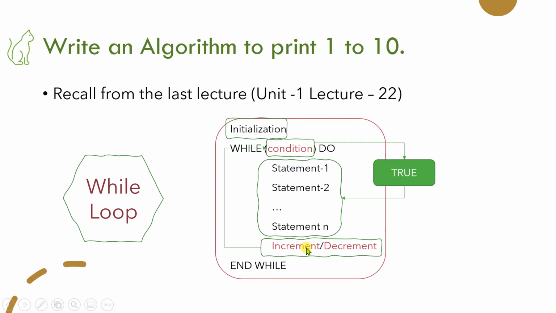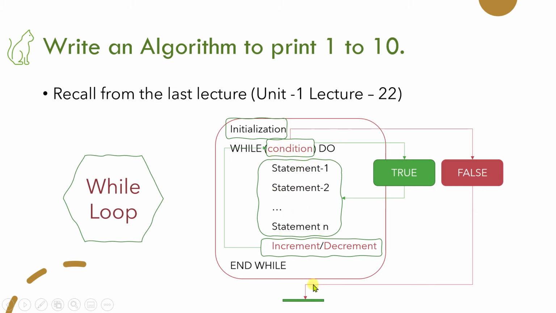Finally, when the condition becomes false, the control comes out of this loop, statement execution stops, and it goes to the next line if anything is present in your program.